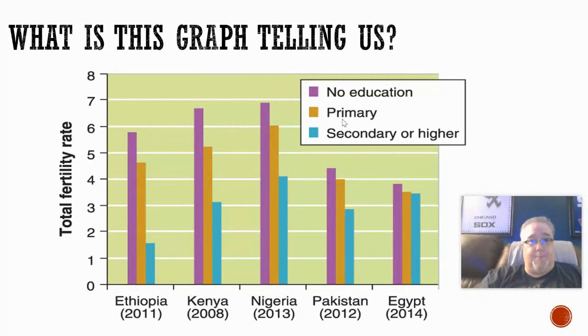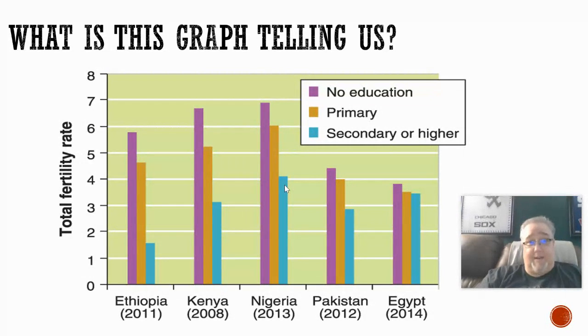If you have some primary education, let's say you have some grade school education, maybe you've gotten a fifth grade education, then you're probably going to have about 6 kids in your life. If you have secondary education, let's say you have a high school diploma, maybe a college degree, then your fertility drops down to 4.